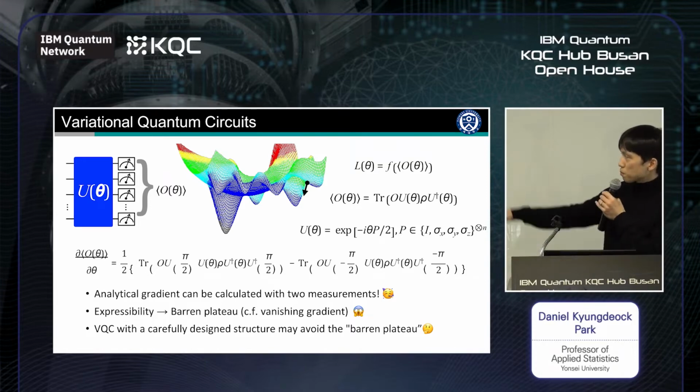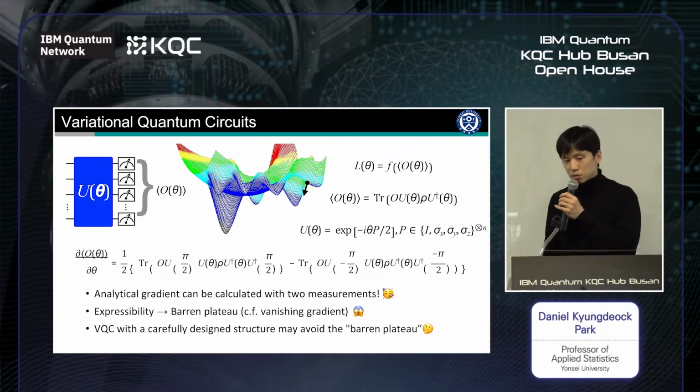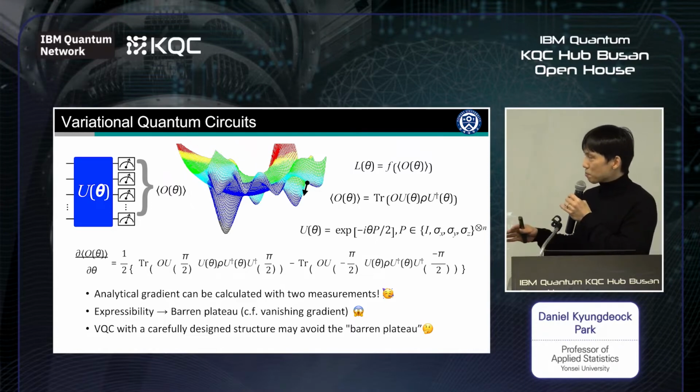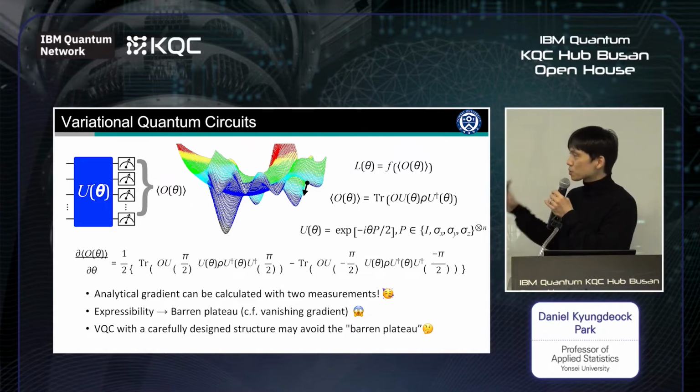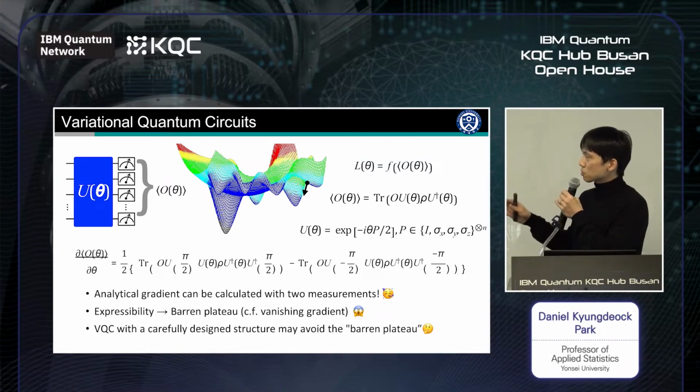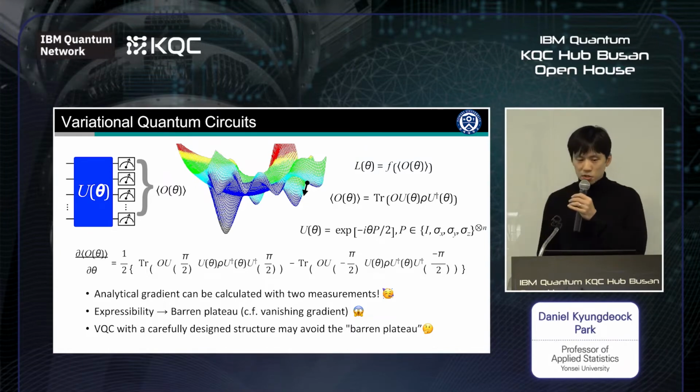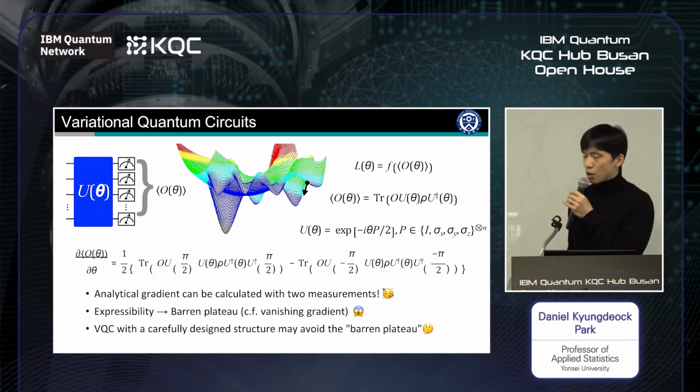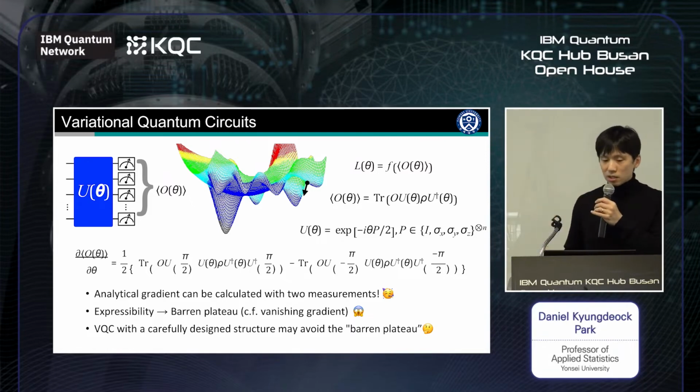So once this Barren plateau effect was suggested in 2019, ever since then, most of the quantum machine learning research based on variational quantum circuits has been about how we avoid the Barren plateau effect while maintaining the quantum advantage.